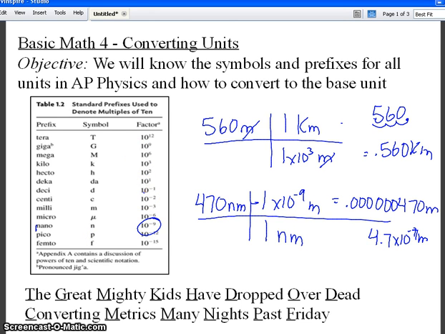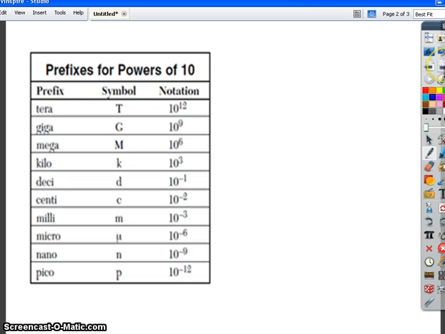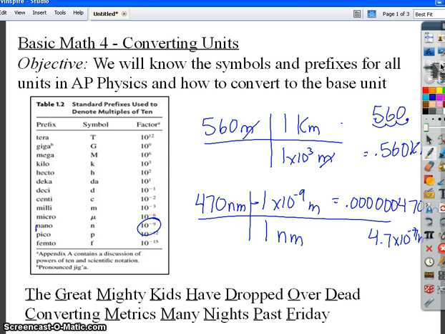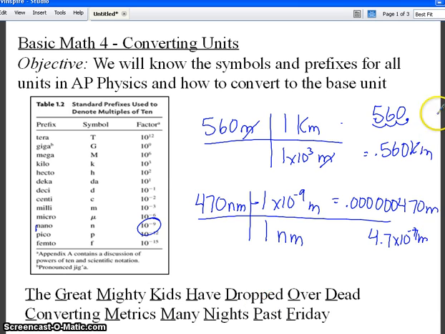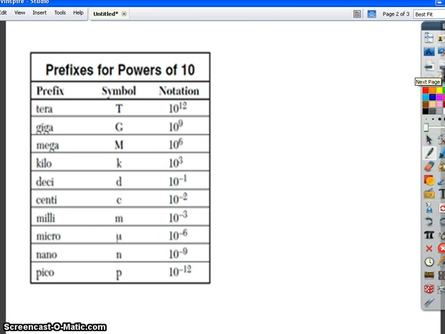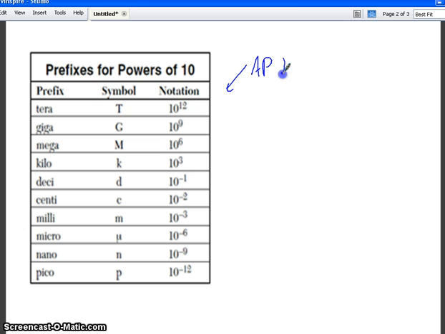And just for reference, this is my own personal chart that I like because I have this nice little saying down here and it has everything. But you will notice on this chart right here, these are the prefixes that you're going to see on the AP test. They will actually give you these ones because these are the ones we use pretty much all the time.